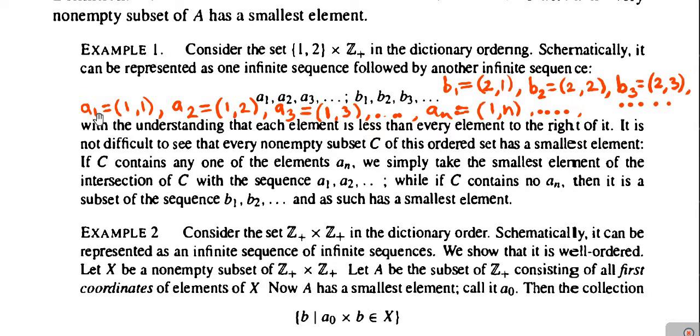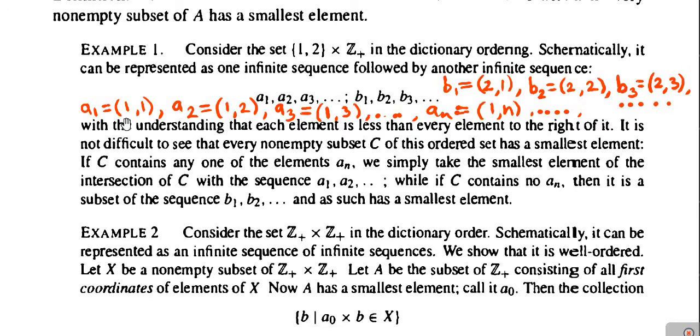Also, each and every element of the sequence a1, a2, a3 is less than each and every element of the sequence b1, b2, b3 and so on. For instance, a2 is less than b1. Why is a2 less than b1? Because in the dictionary ordering, first we compare the first component. The first component of a2 is 1, which is less than the first component of b1, which is 2.